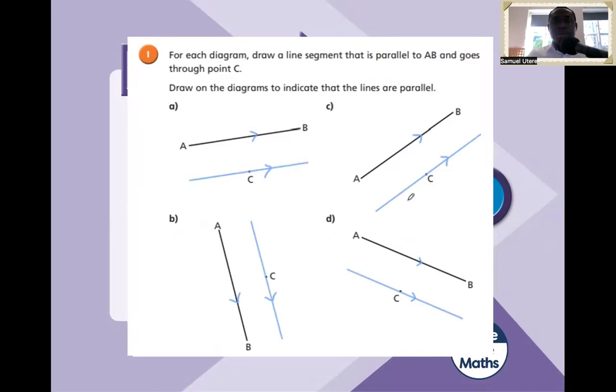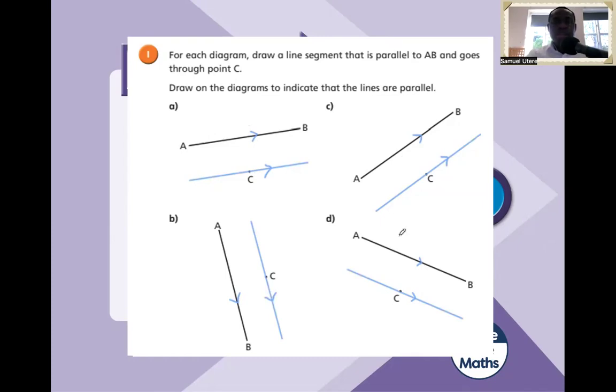Or you could use the other simpler method, which would not give you a precise result, by just placing your ruler on AB and then sliding the ruler gently till you get to the point C, and then you draw a line segment parallel to the line you wish to reproduce. And of course, you wouldn't forget to put the parallel line notations.